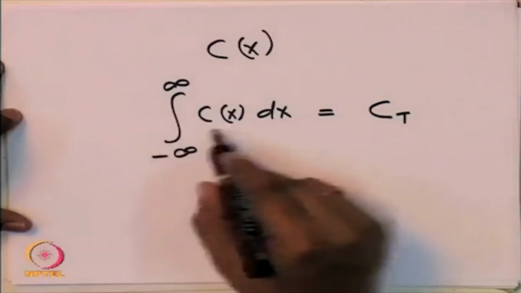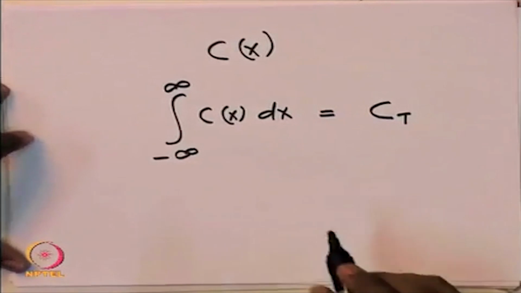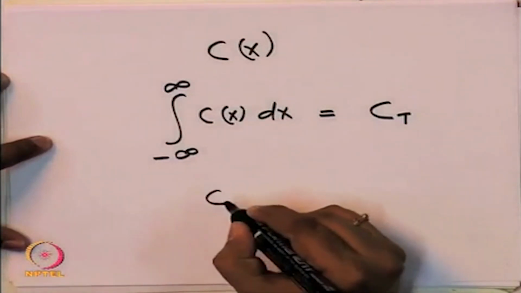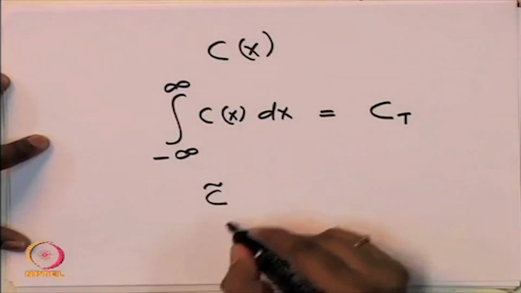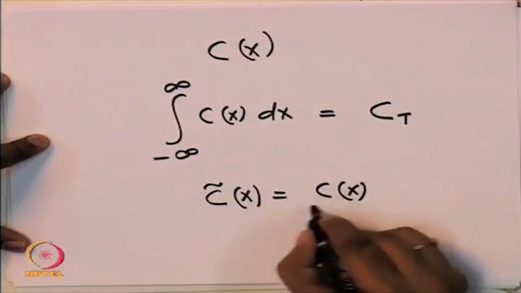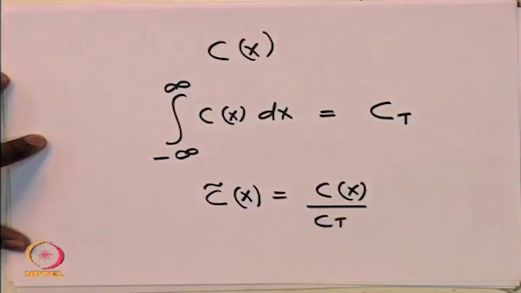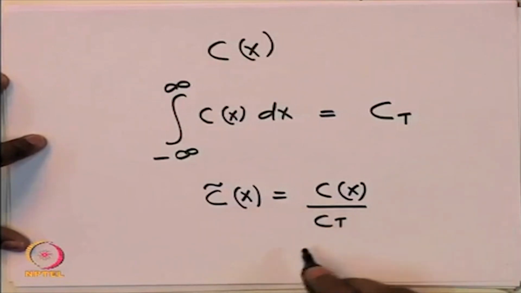Now for simplicity, let me define a new function called C tilde of x, which is C of x divided by this constant C t. Just for convenience I am doing this. This is just a trick.